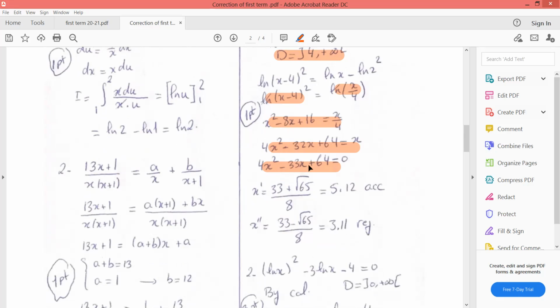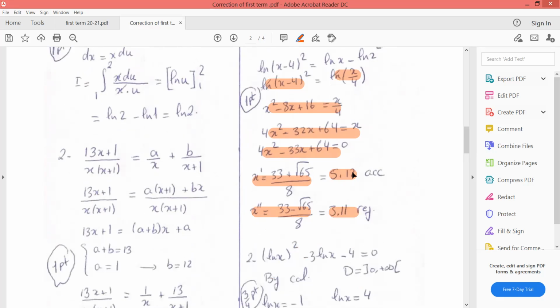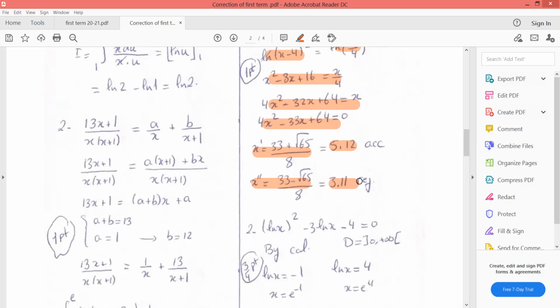We get x' and x'' approximately 5.12 and 3.11. We have to remember that the domain is 4 to plus infinity. The first value is accepted because it belongs to the interval 4 to plus infinity, and the second value is rejected because it doesn't belong to the interval.